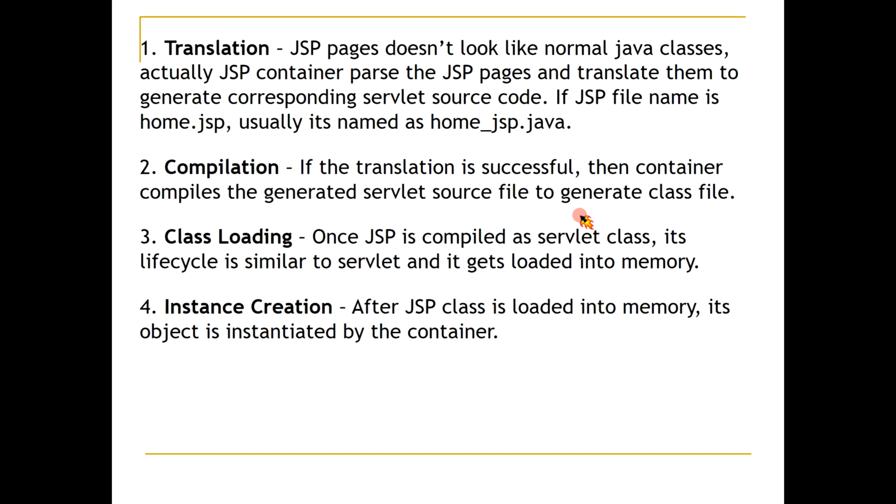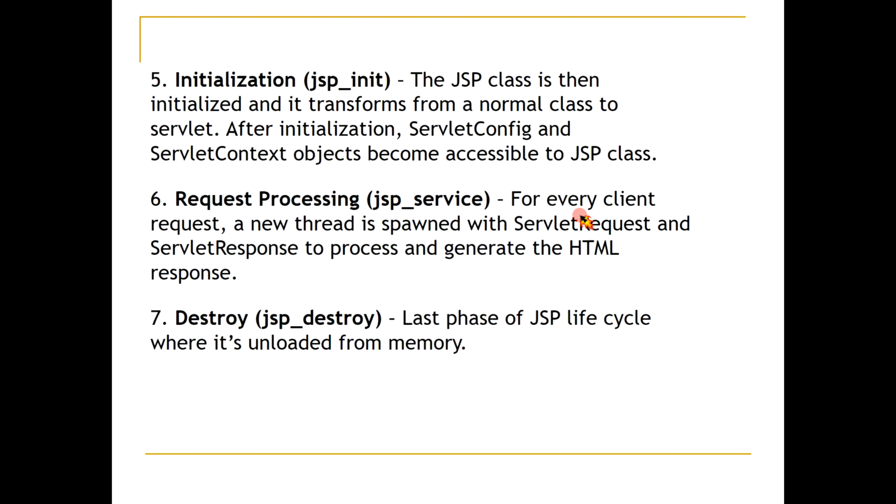As the name suggests, in this phase the JSP compiled servlet class will be loaded into memory. And the fourth one is instance creation. After the JSP class is loaded into memory, its object is instantiated by the container. Now we are going to see the fifth event, that is initialization. jspInit is the method that is called for initialization.